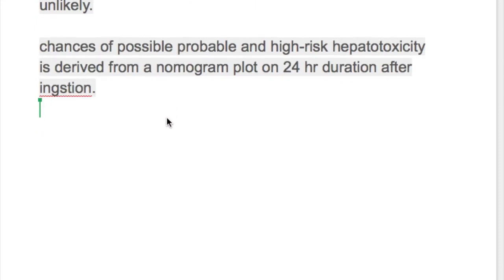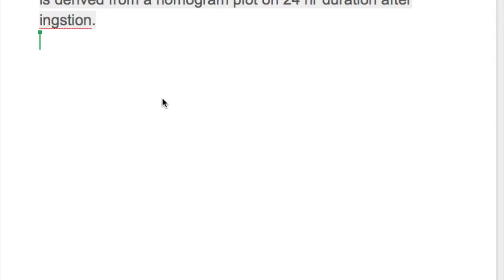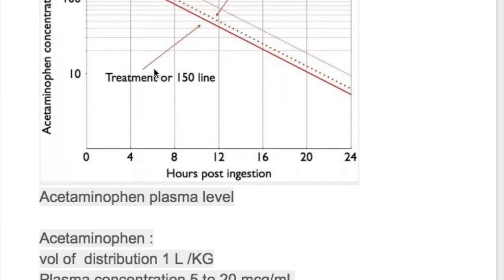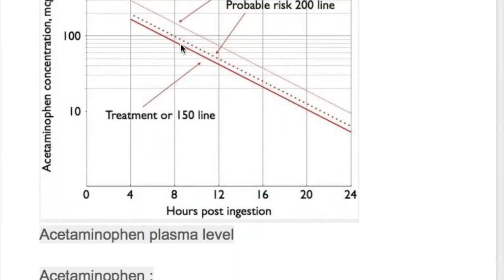The chances of possible, probable, and high-risk hepatotoxicity are derived from a nomogram plot on a 24-hour duration of ingestion. Anything above the lower line is indicative of toxicity.